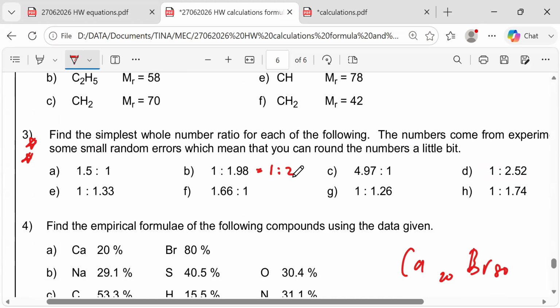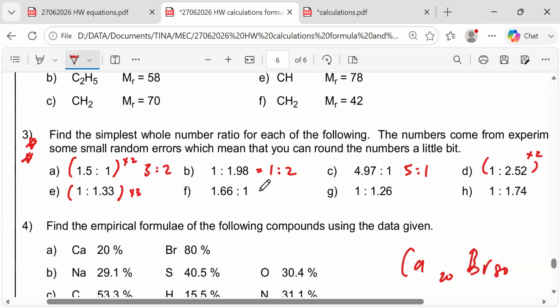But we don't always get this kind of beautiful numbers. 4.97 to 1 is obviously 5 to 1. But what if it's 1.5? Haha, 2 to 1? No. If it's 0.5, you always times 2. 0.5, you times 2, then you will get 3 to 2. What if it's 0.3 and 0.6?